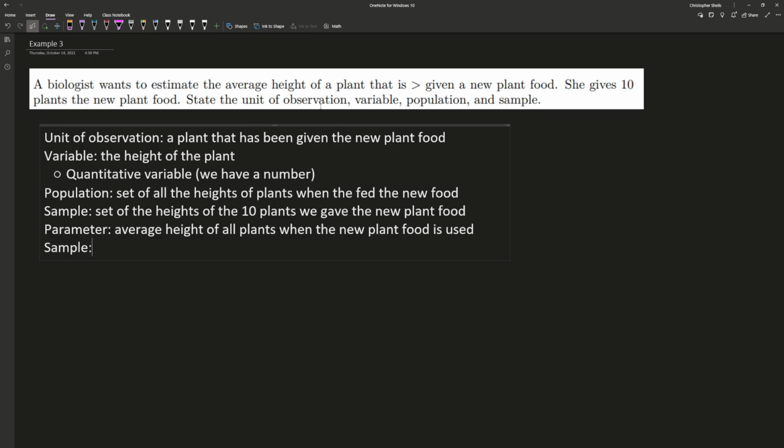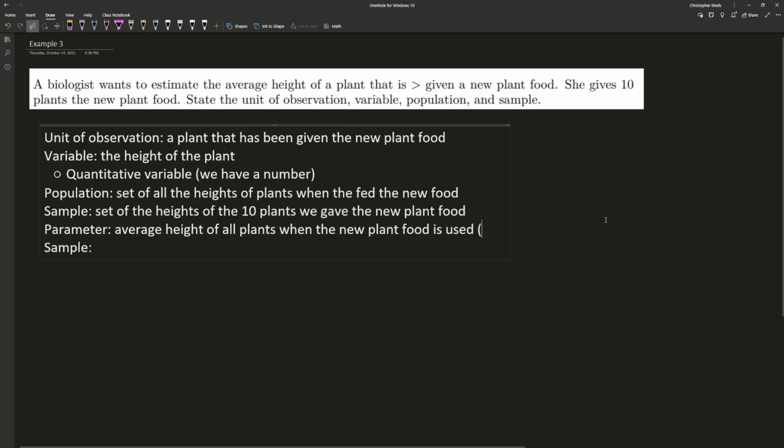Notice the difference here between our variable and our parameter, right? Our variable is the actual measurement of each plant. Our variable is not an average. But our parameter is this average.